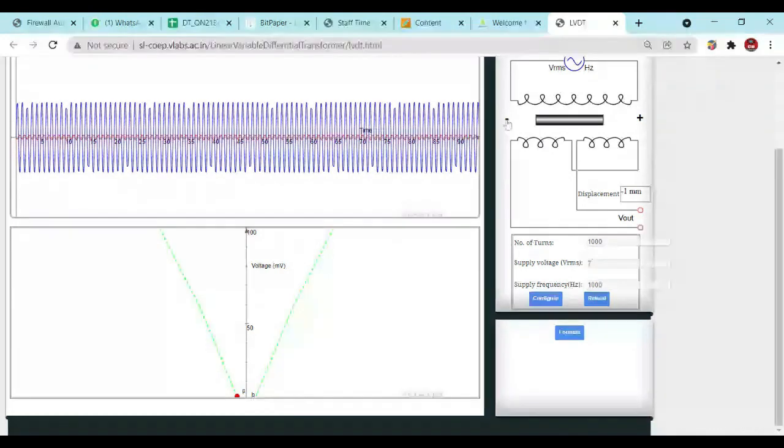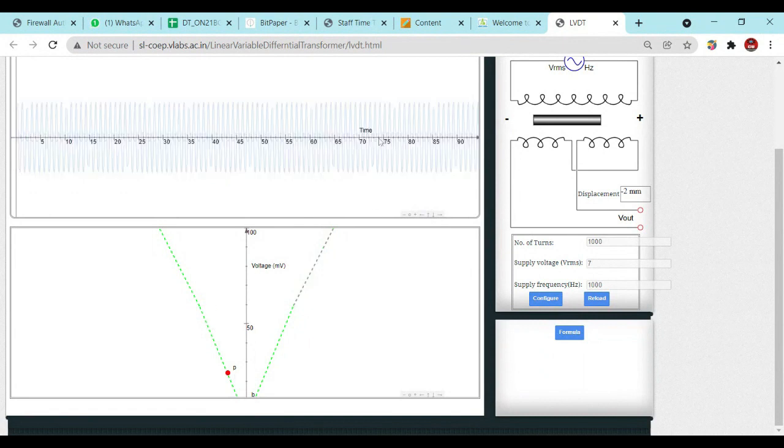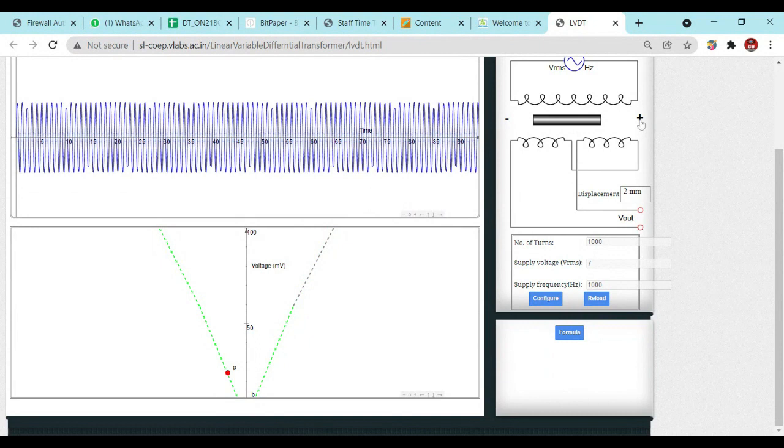When you move this core toward the left hand side, you will see the amplitude again increasing toward the negative direction. So you will see this is the negative direction. When you move this core toward the right hand side, your amplitude is increasing toward the positive side.